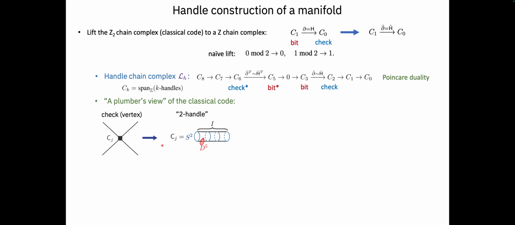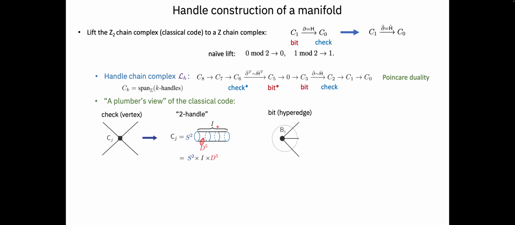And then you promote it to a two handle, which has the form of S2 times D6. Here I use the quotation mark because it's not a standard notion of a handle, but a type of dressed handle that itself is composed of handles with the same index or lower indices. So it's a composite handle.